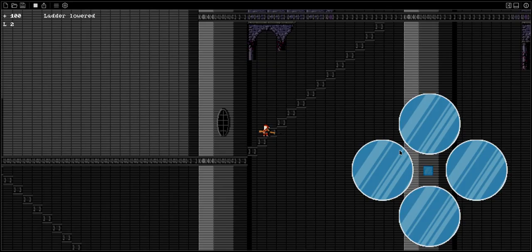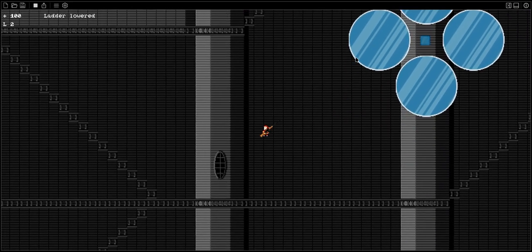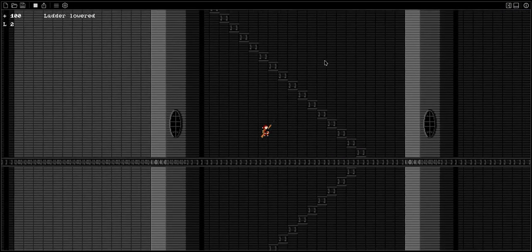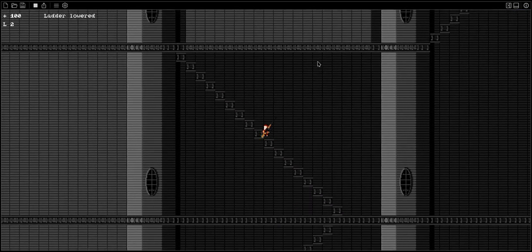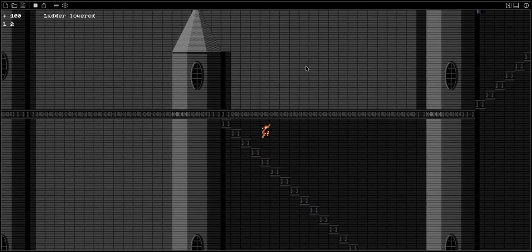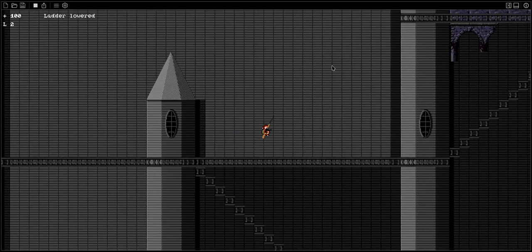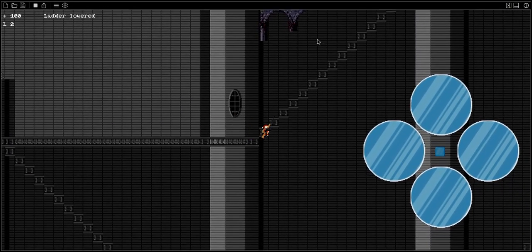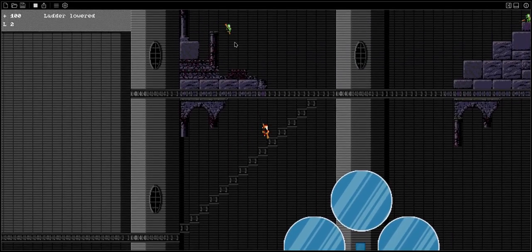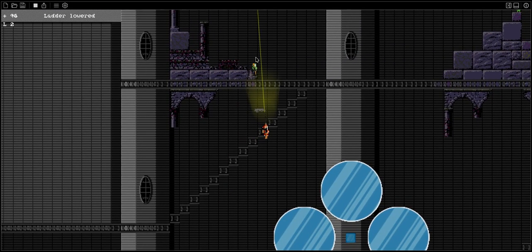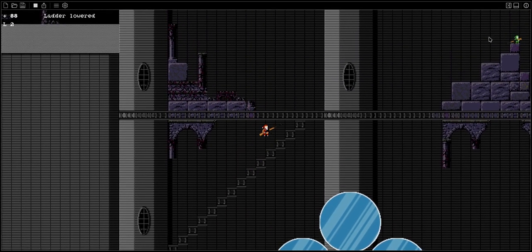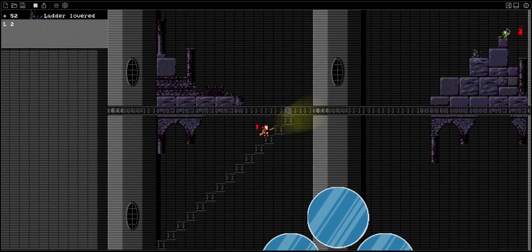And if you go up here, you see that there's this reflector and a bunch of enemies overhead. So we can shoot these enemies like this by being clever about our angles.